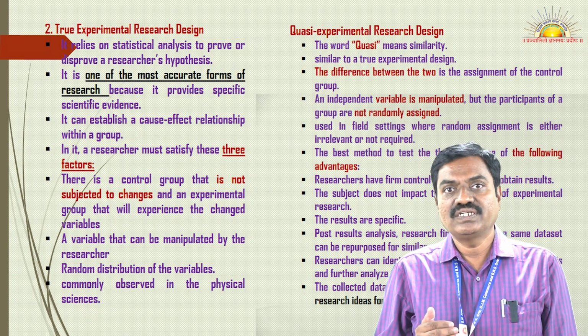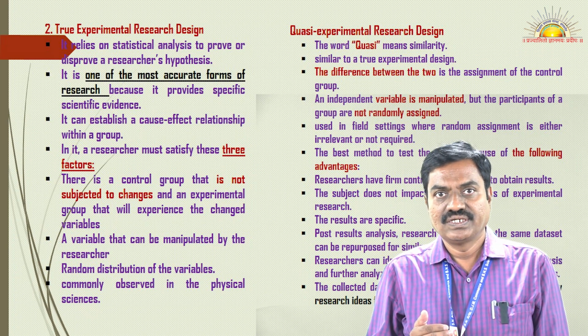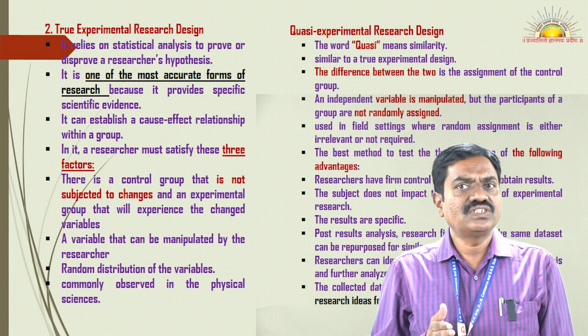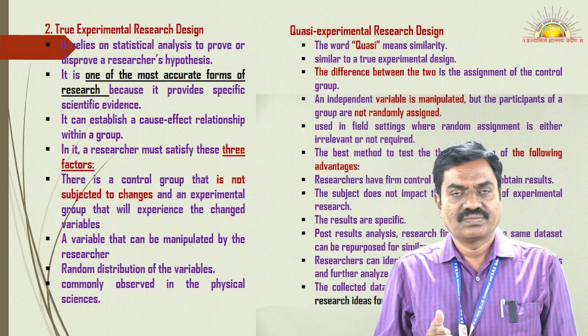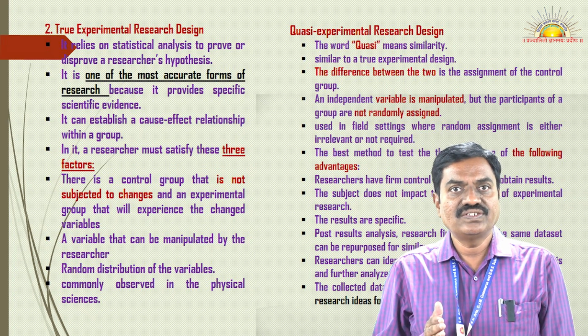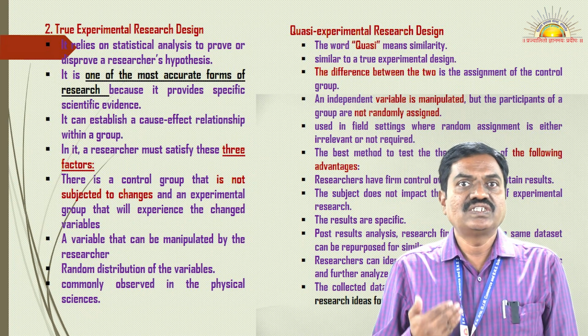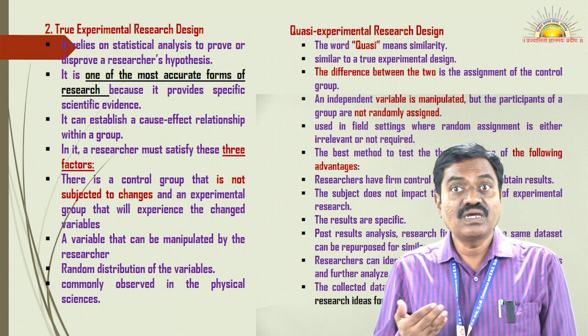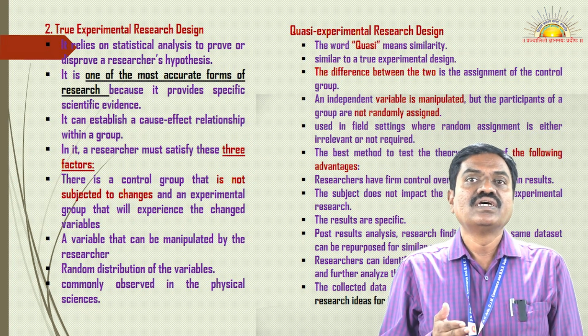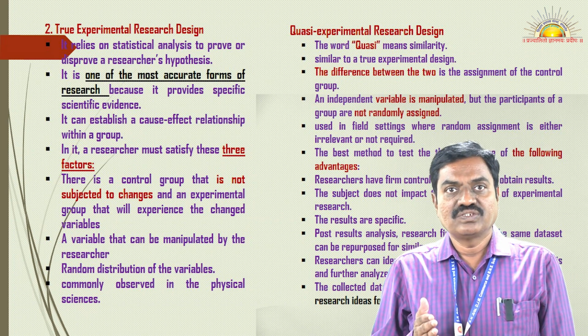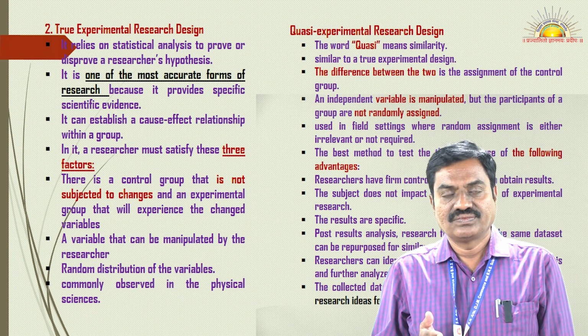Anyone can implement it for research purposes. Thirdly, the results are specific. The fourth advantage is post-result analysis. Research findings from the same data set can be repurposed for similar research ideas.